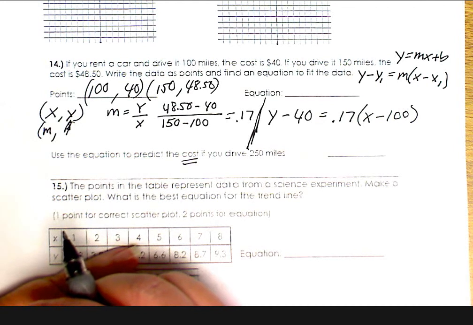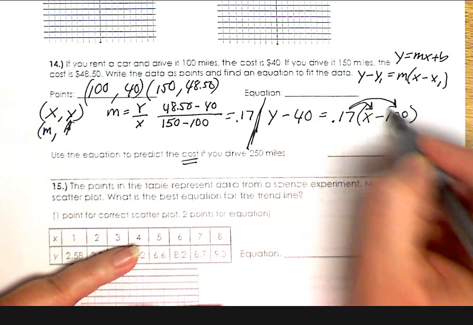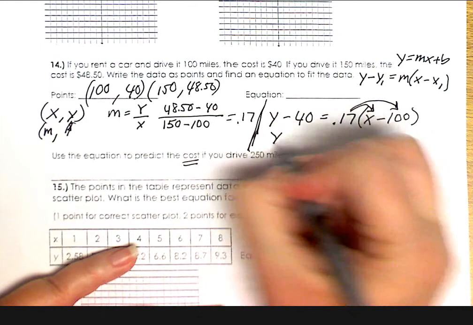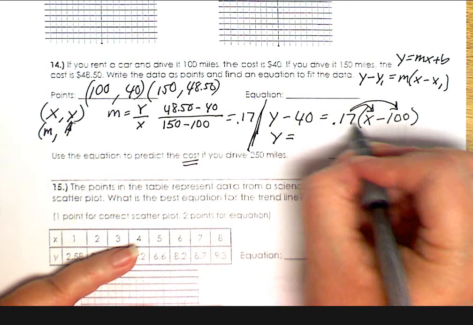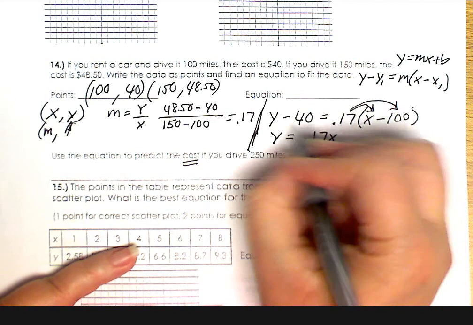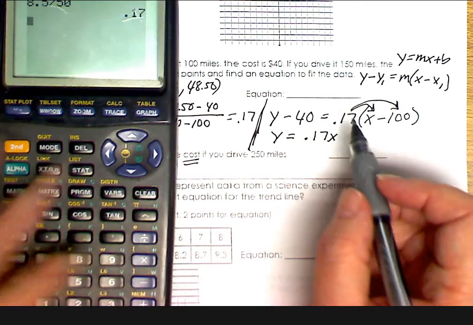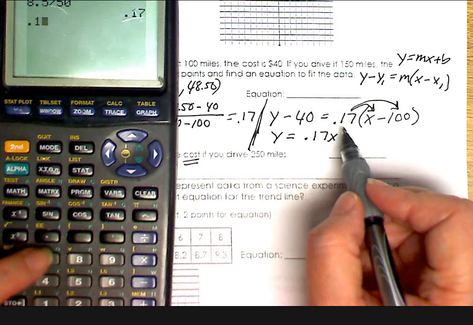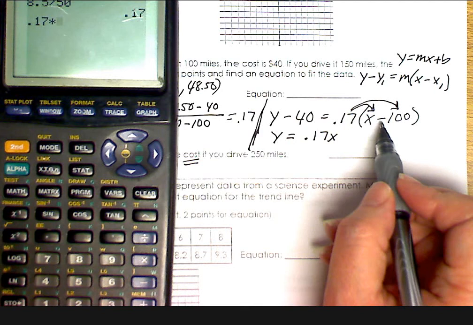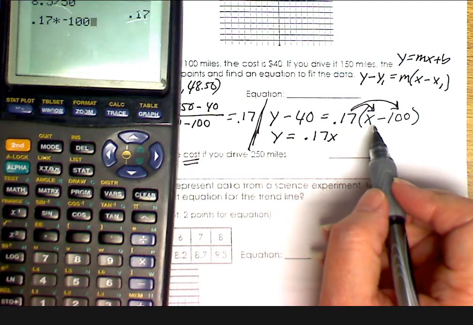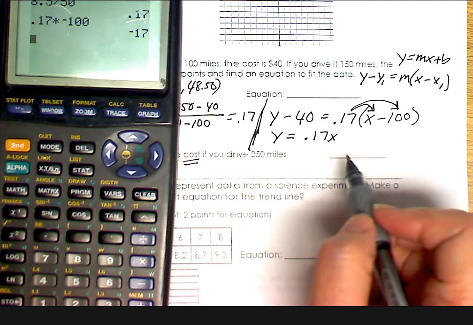So if we had to distribute it, we would distribute this to these ones. So I have y is equal to 0.17x. And I'm going to bring this 40 over. And in my calculator, hopefully you guys are okay with saying 0.17 times my negative 100. I get negative 17, and I'm adding 40 because I'm bringing that to the other side. Is that okay?